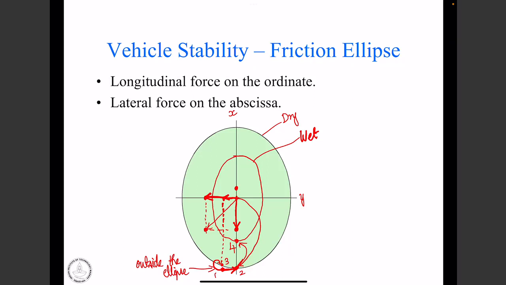Why does it reduce the commanded brake pressure? Because the driver is commanding a larger brake force than what is possible at the tire road interface.